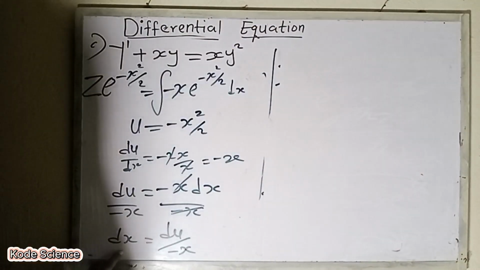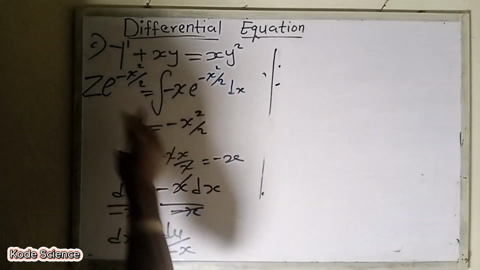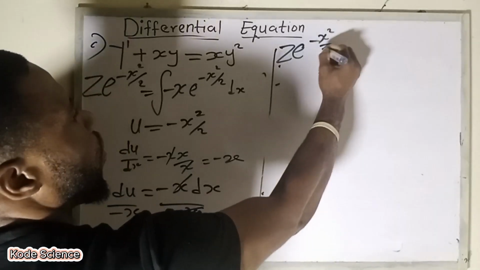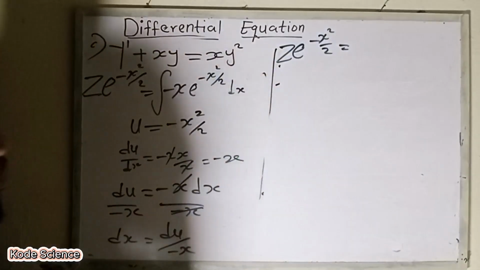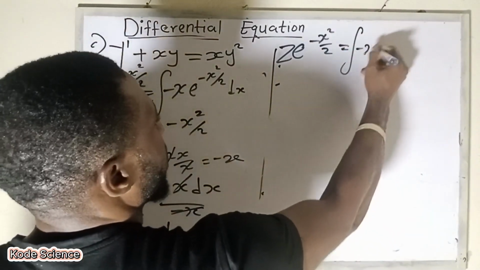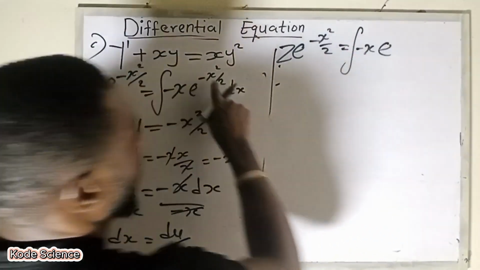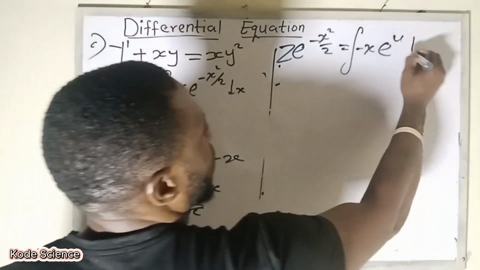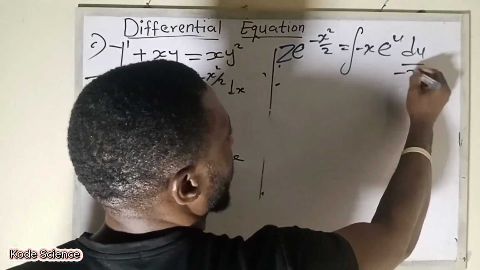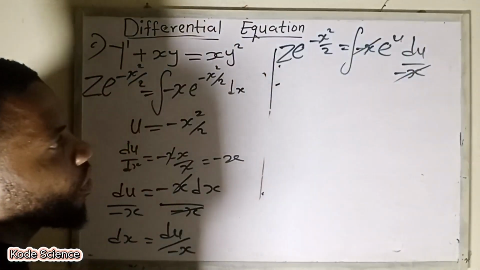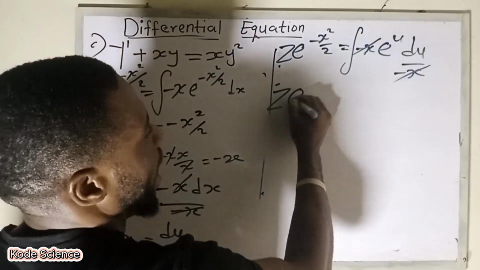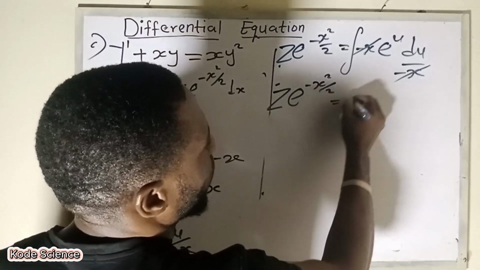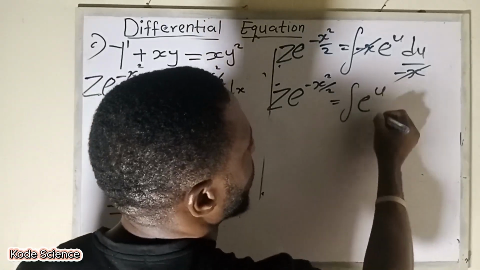Now let's substitute into this. We end up having z exponential negative x squared over 2 is equal to the integral of minus x exponential. We're not writing all of it because the exponent is the same as u, and our dx is the same as du over minus x. So minus x, we cancel this. We end up having z exponential minus x squared over 2 equal to the integral of exponential u du.